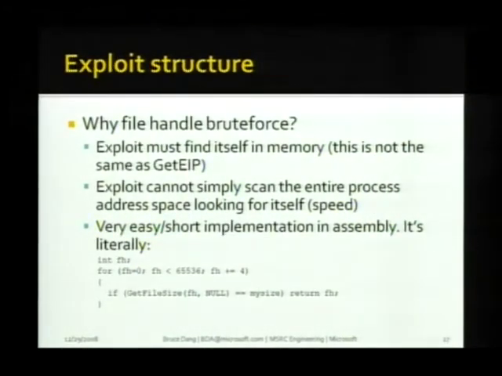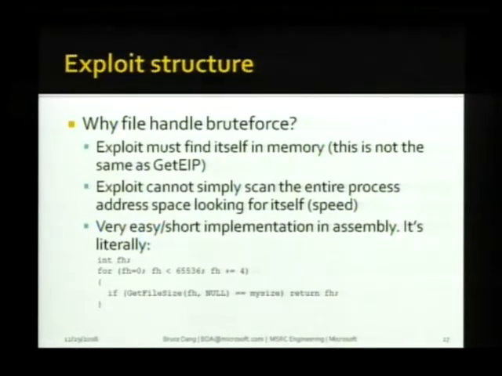So why do they need to use file handle brute force? The reason is the exploit needs to find itself in memory, and by this I mean not get EIP, but to find the physical contents of the file. They need to find that, and in order to do that, you need to get a file handle to it.